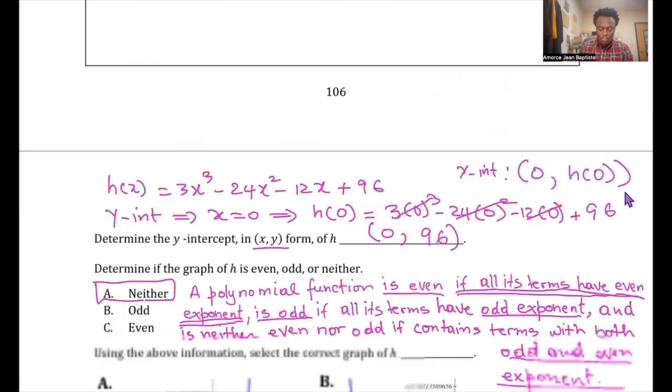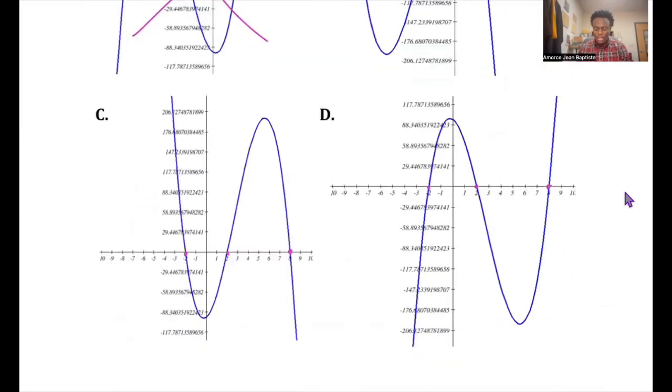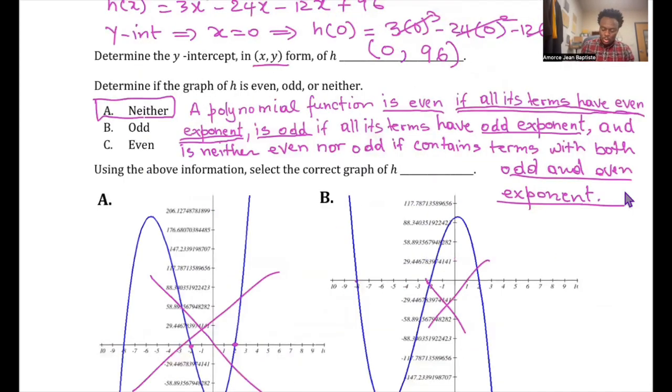Let's see which one of them gives us these conditions. It falls on the left and rises on the right, so that's going to be D. So D is the correct graph for h of x.